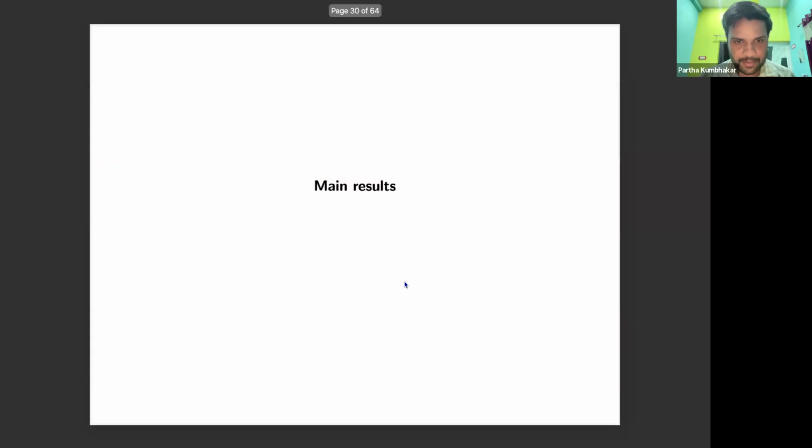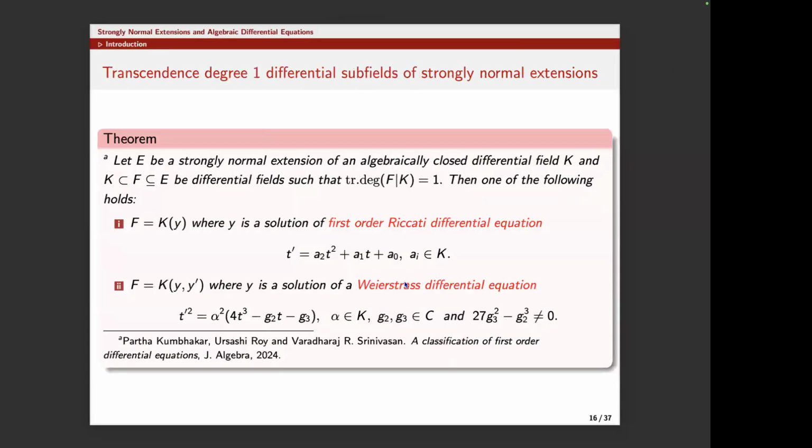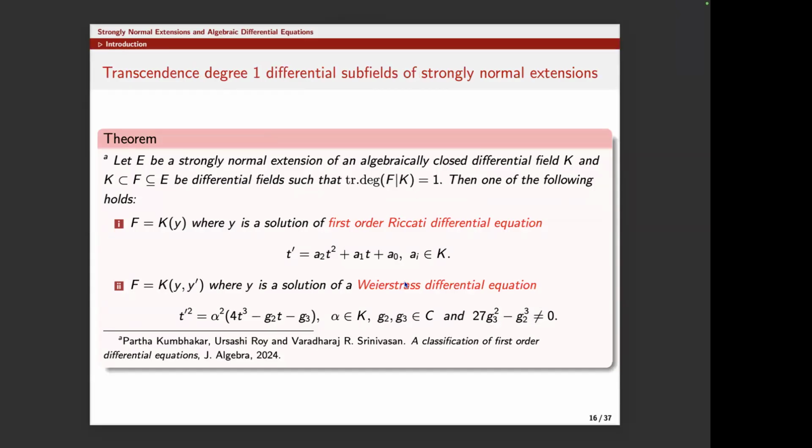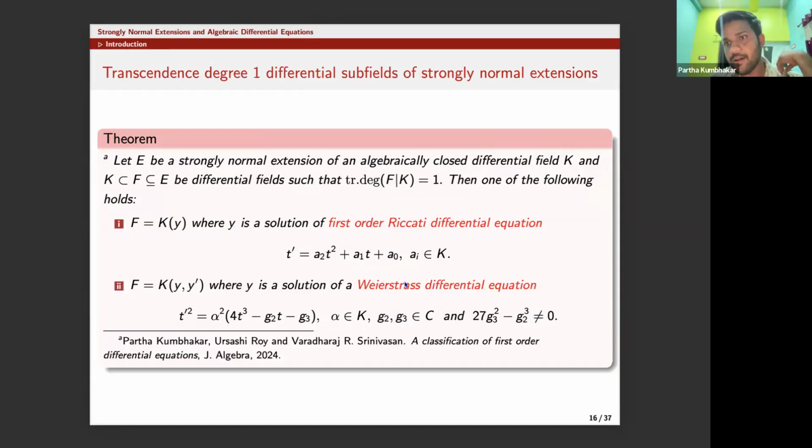Are you talking about this result? Yes, here. You have something with genus 1 only. Can you do something more with higher genus? No, so for transcendence degree one, higher genus is not possible. But a transcendence degree two differential subfield can come from a Jacobian of a curve of genus greater than or equal to 2. For a genus 2 curve, a transcendence degree two differential subfield comes from a hyperelliptic curve of genus 2.